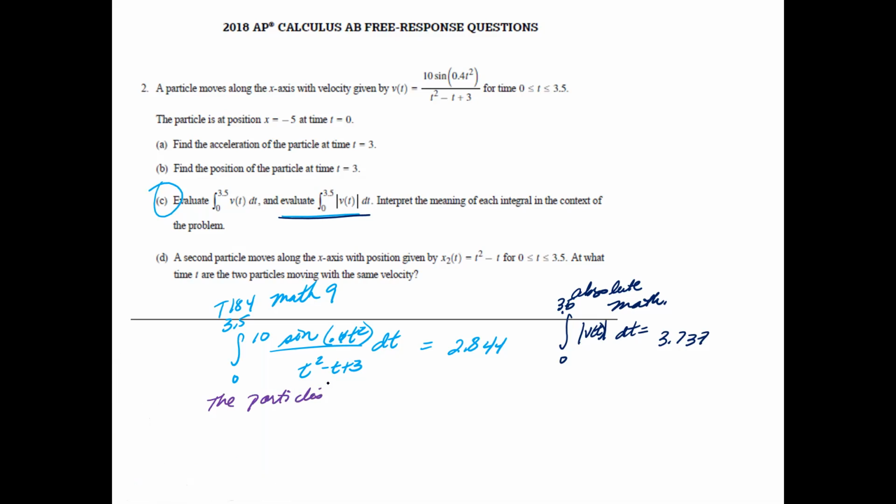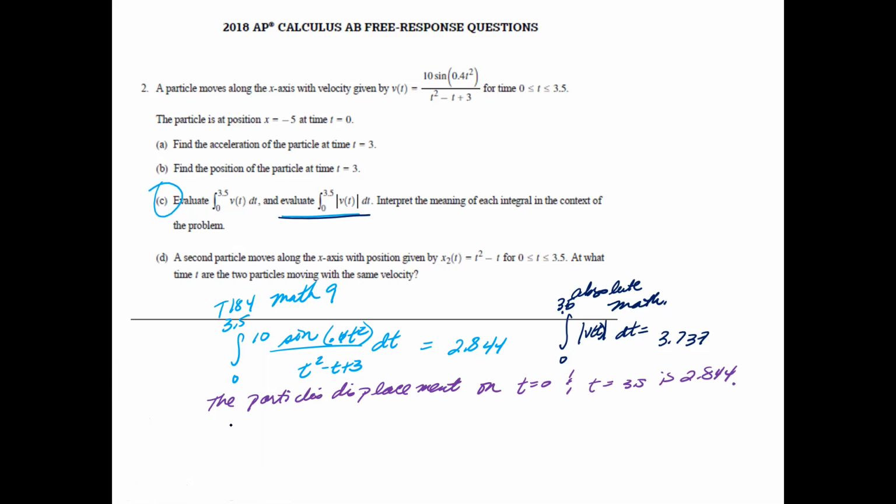And so your response for this situation could be the particle's displacement on t equals 0 and t equals 3.5 is 2.844.